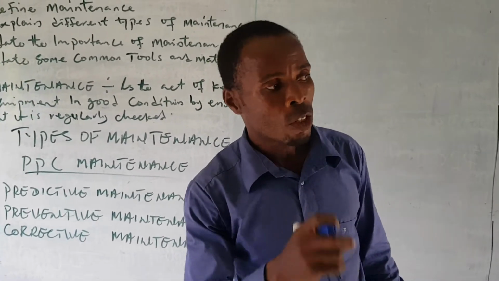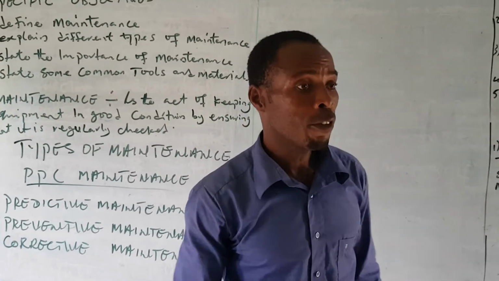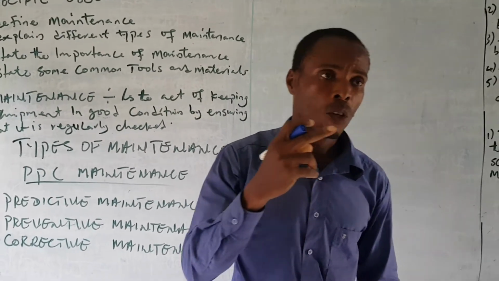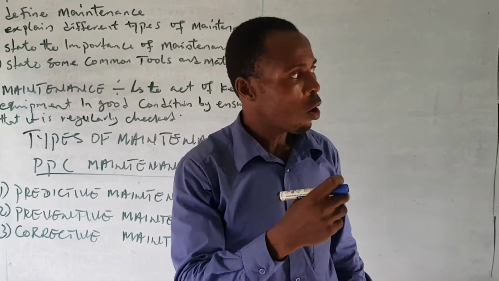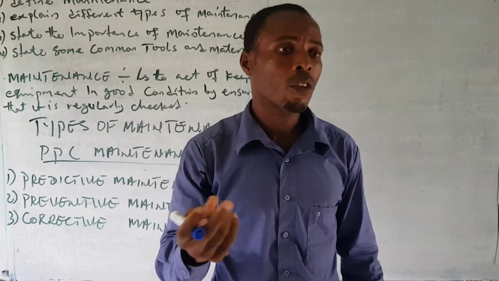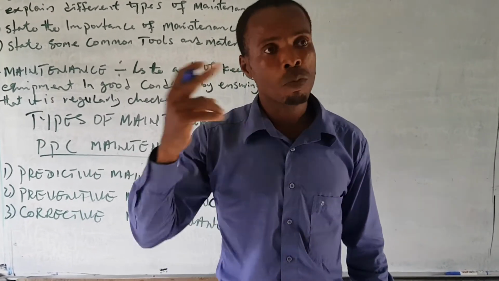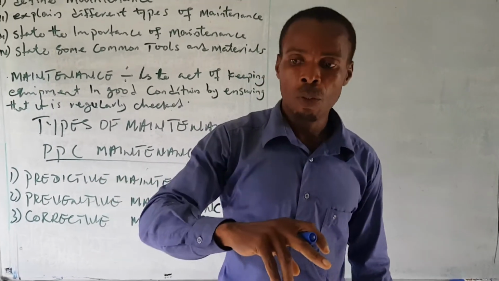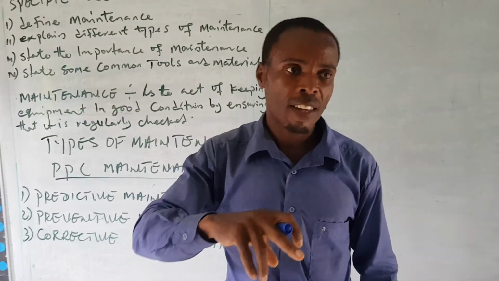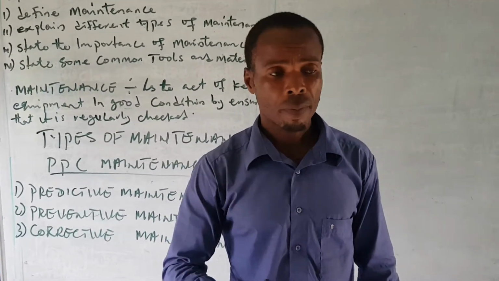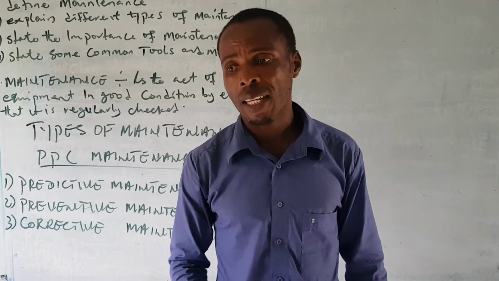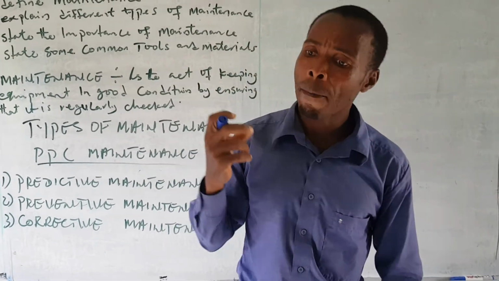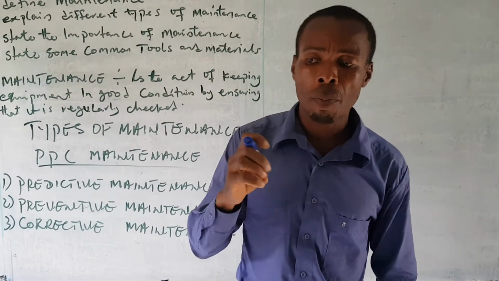For instance, you detect that something is wrong, and if you have to call the mechanic or replace the worn part, you want to manage. Maybe by tomorrow you will fix it, and let you manage it today. You will see, before that tomorrow, it will break down and it will disappoint you. So it's very important for us to avoid this sudden breakdown of the equipment.